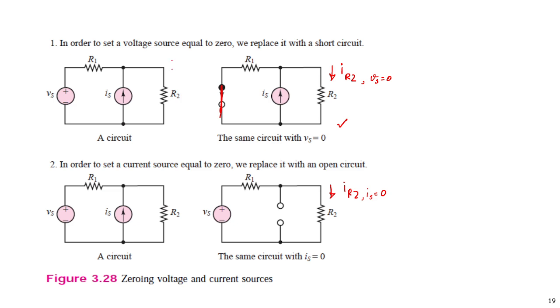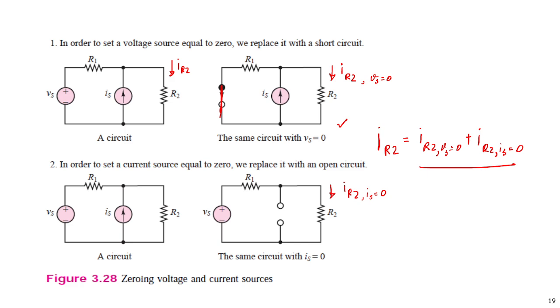And the overall I of R2 will be I R2 when Vs is set to 0 plus I R2 when Is is set to 0. Okay? So to solve this circuit, we can solve these two circuits instead.